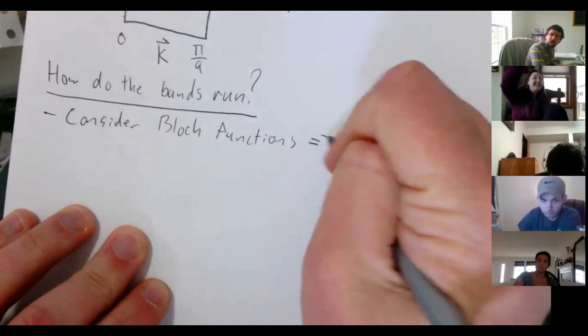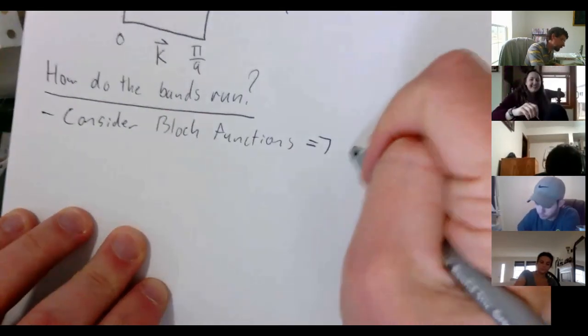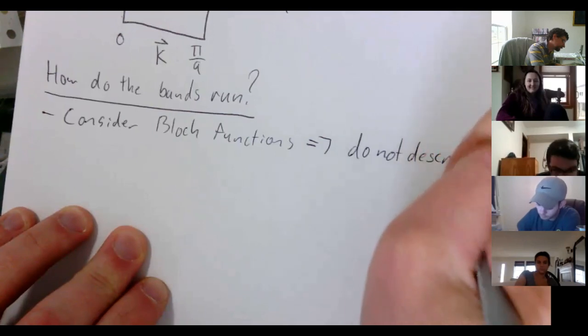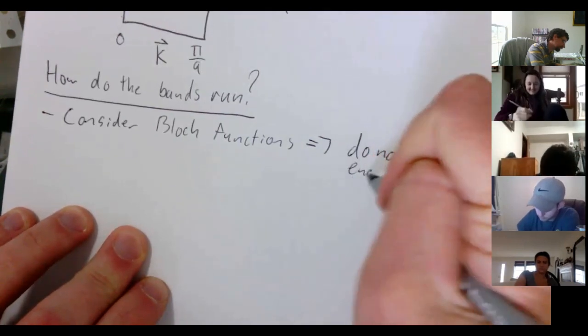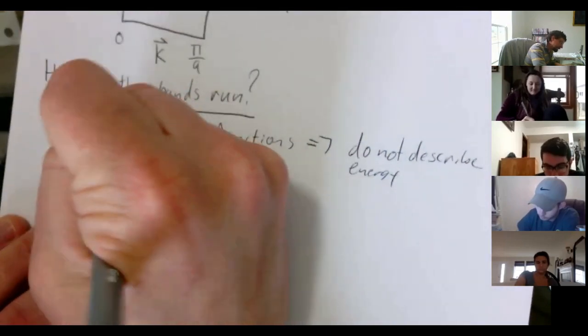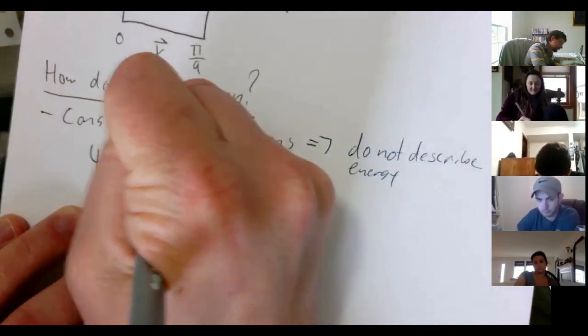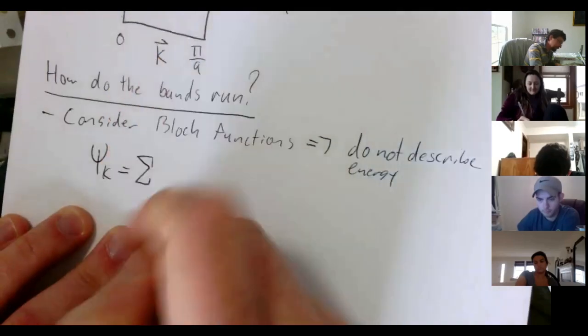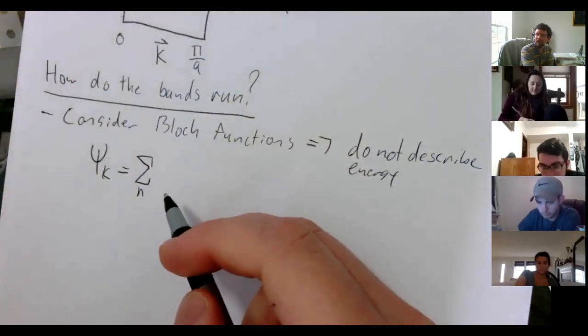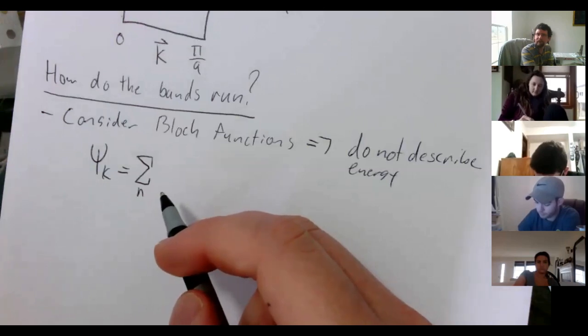But these Bloch functions themselves do not describe energy. So if you remember that psi sub k was equal to a summation. And you remember what else came after that?